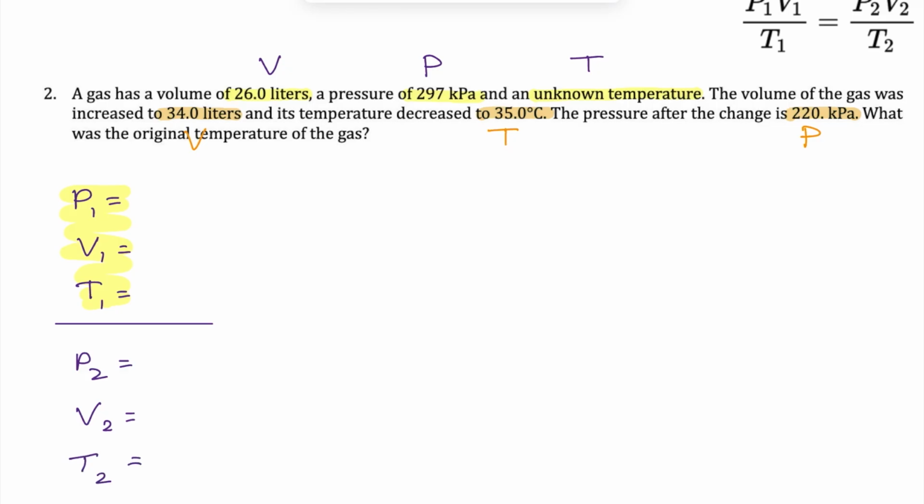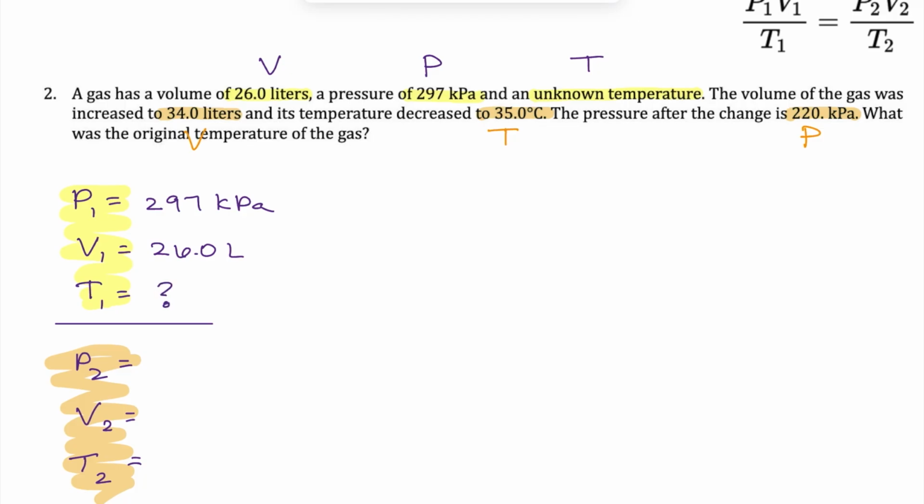And so sometimes I think it helps to just organize by writing out everything that I know, writing out those values that my problem gave me. So 26.0 liters, liters is our standard unit of volume, so that's good. 297 kPa, that is kPa's pressure.